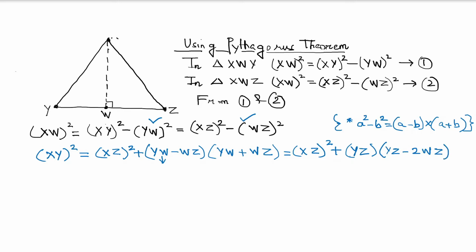In short, now we can write that XY whole square is nothing but XZ whole square plus YZ whole square minus 2YZ into WZ.